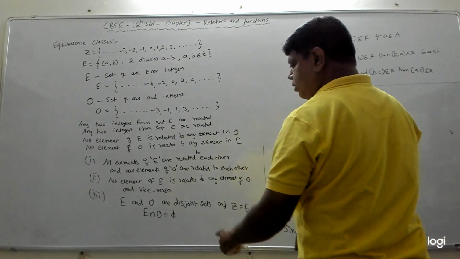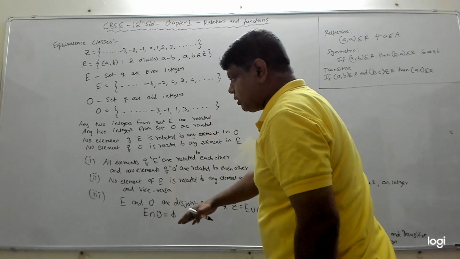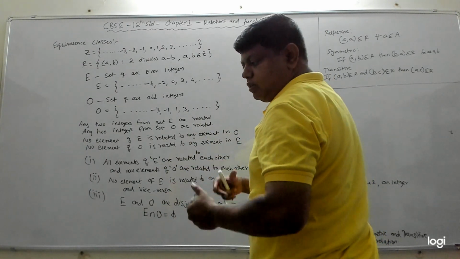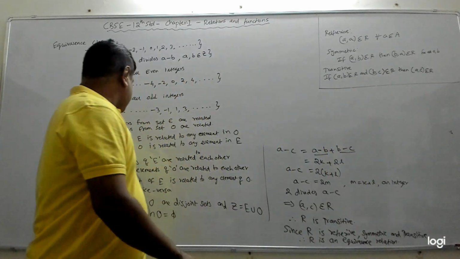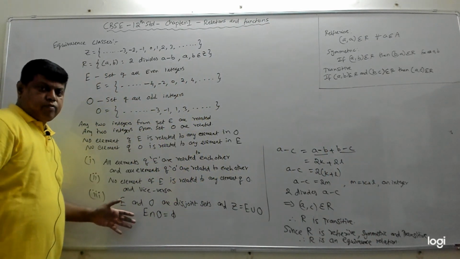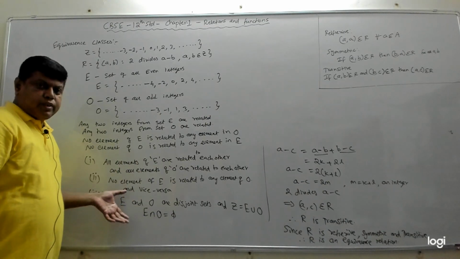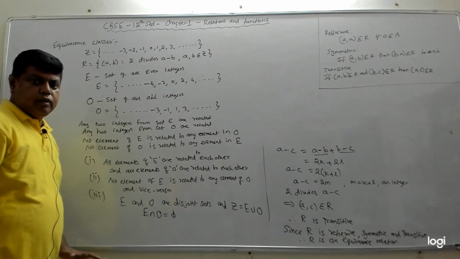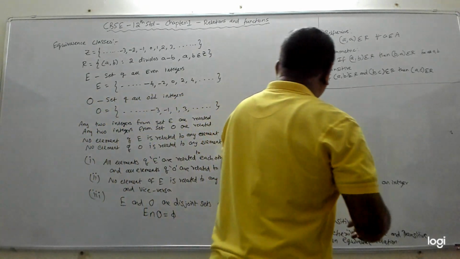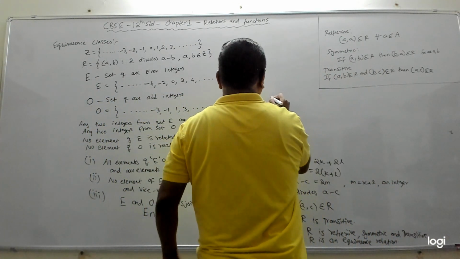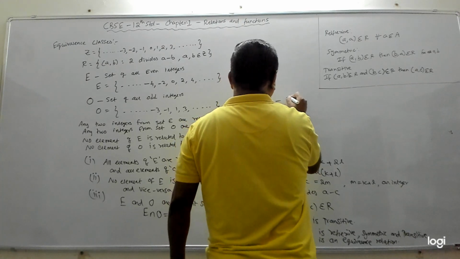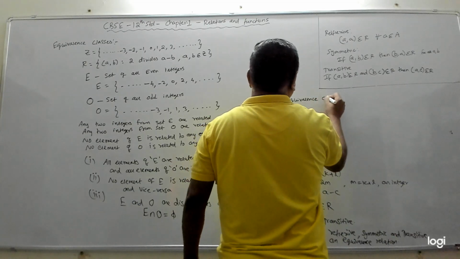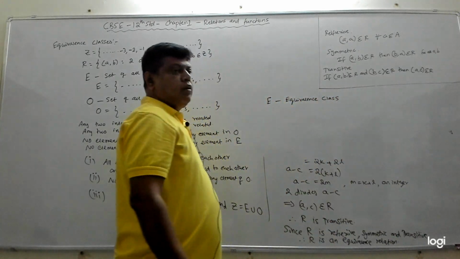Anything that satisfies these three conditions, any set or any number of sets which satisfy these three conditions, is called an equivalence class.